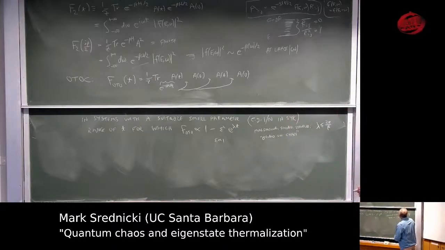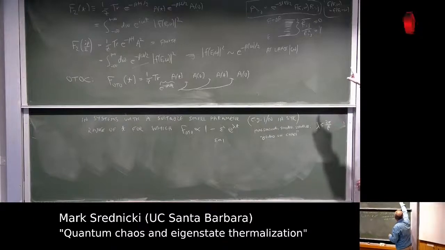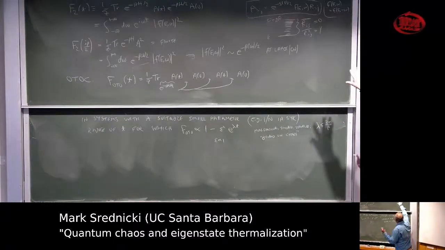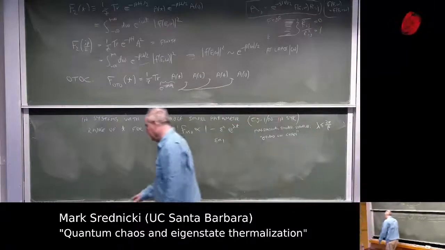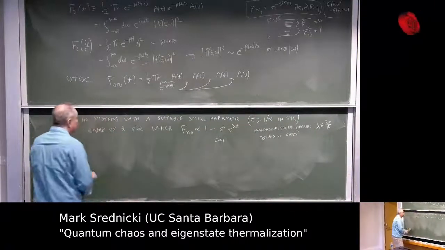what I now believe is the correct way to think about the R_ij, the random matrix elements.